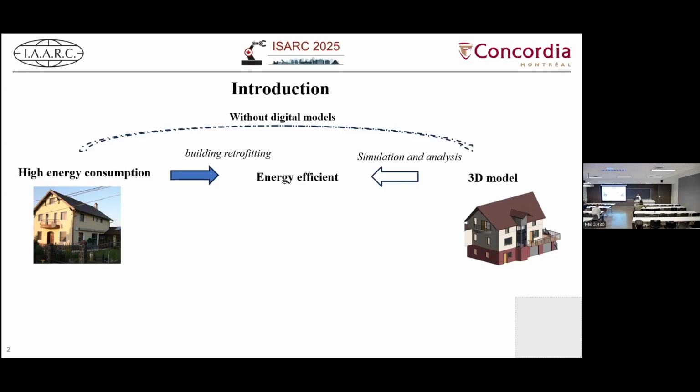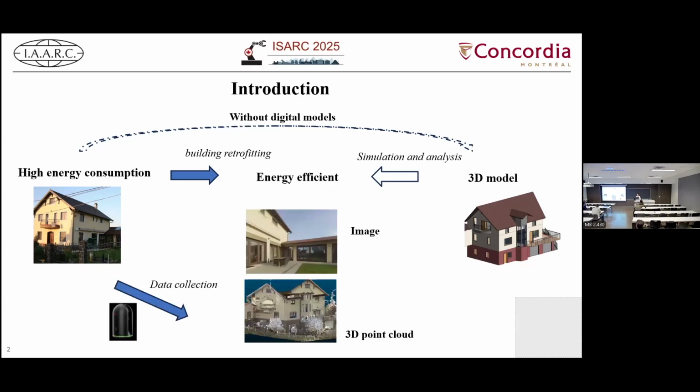However, most existing buildings don't have as-designed or as-built models, and laser scanning is now a very efficient and accurate method for data collection to capture the geometry information of the buildings, for the facade and also the indoor information. This geometry information and their spatial relationship are very critical for energy simulation and analysis.